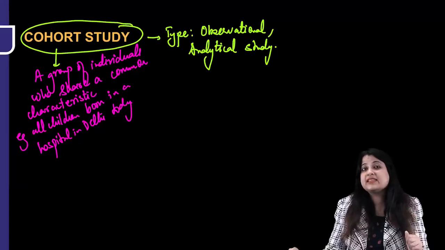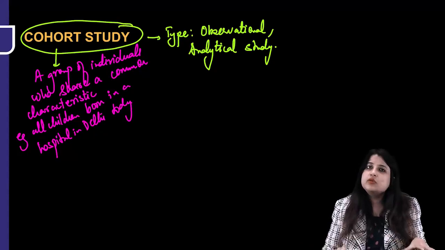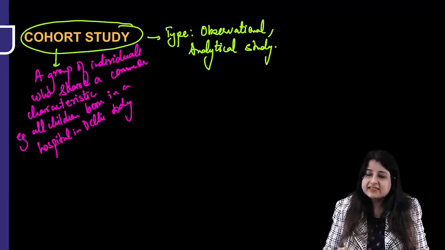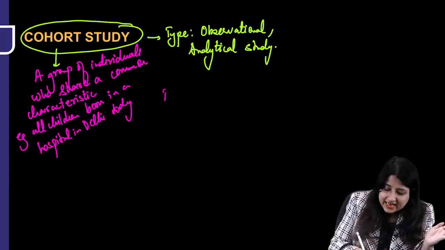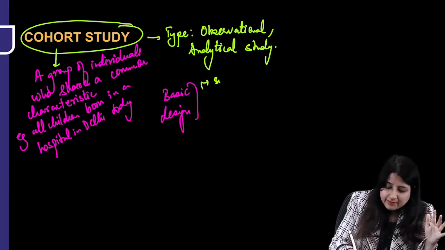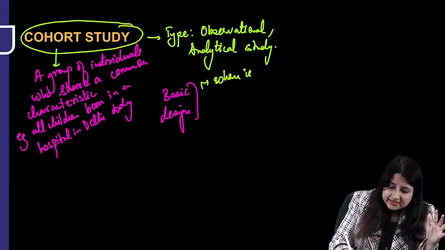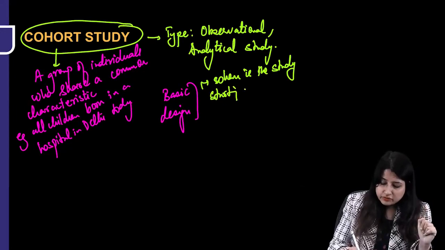Now, what is the basic design of a cohort study? Whenever you are studying any study design, you have to know about its basic design. This is a common point for all the study designs. Always remember, when is the study starting? First point you will notice.